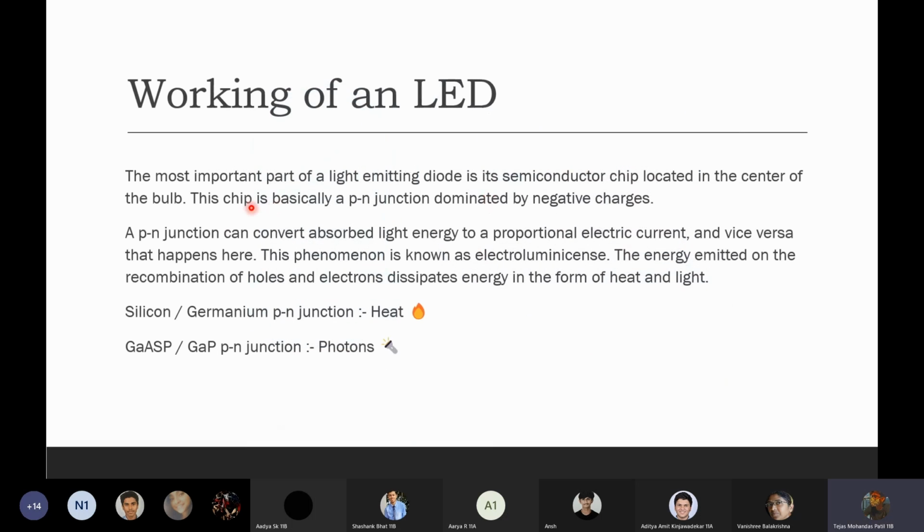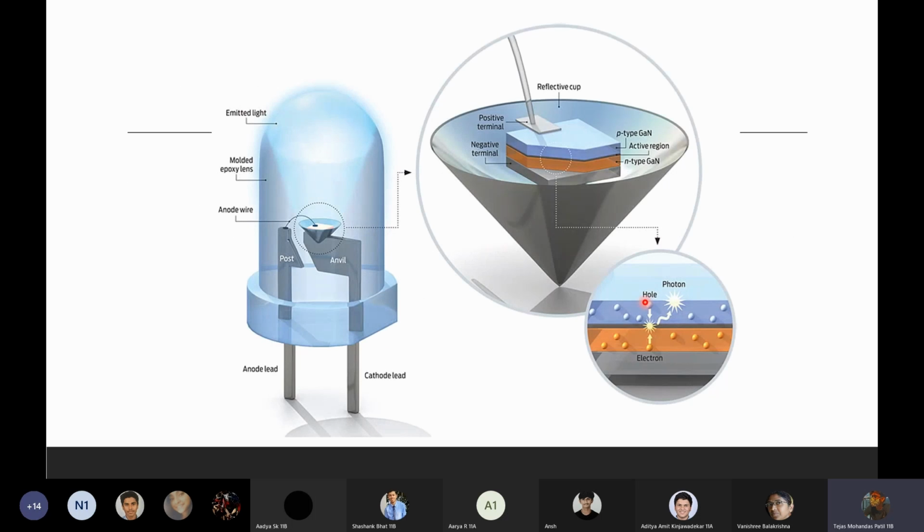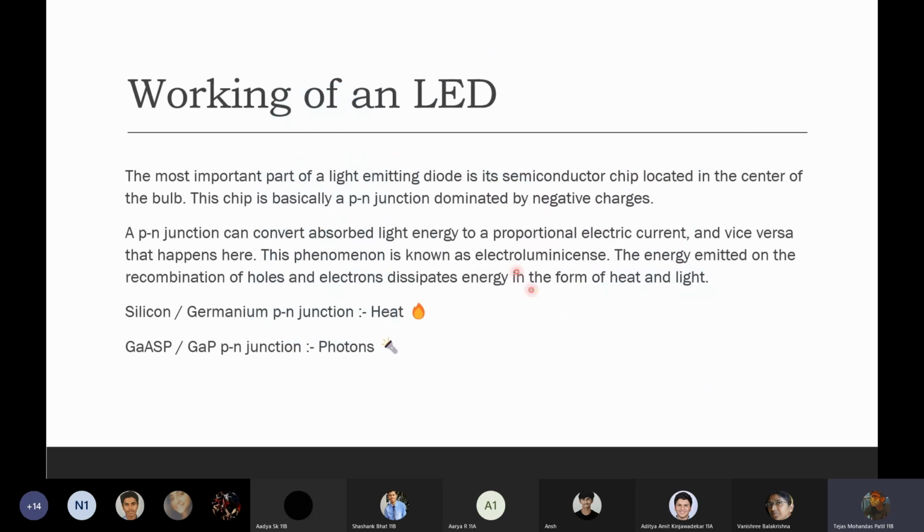Continuing, the chip is basically a PN junction dominated by negative charges. A PN junction can convert absorbed light energy to proportional electric current and vice versa, which happens over here. Basically we are giving current and getting out light. Shashank explained in the previous presentation that in solar cells we take light and produce current. Here the opposite is happening: we give current to produce light. That phenomenon is known as electroluminescence.